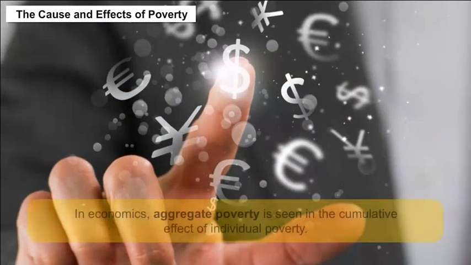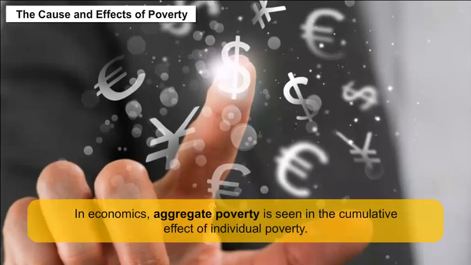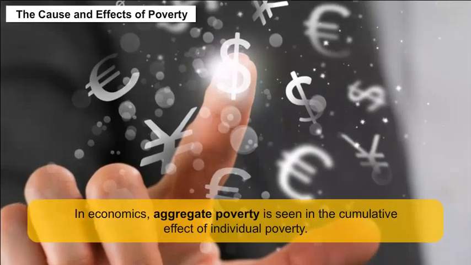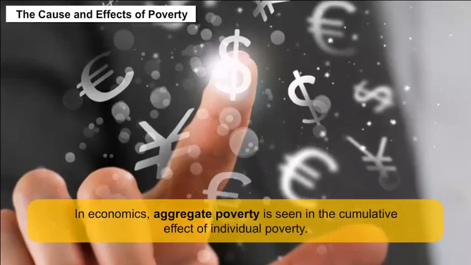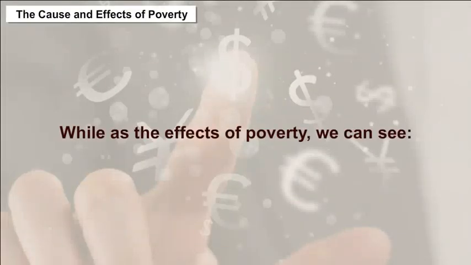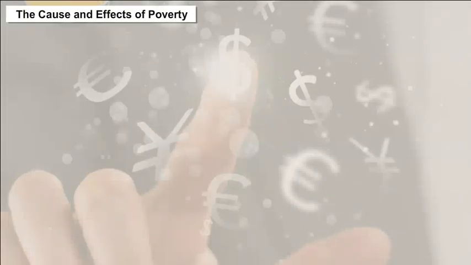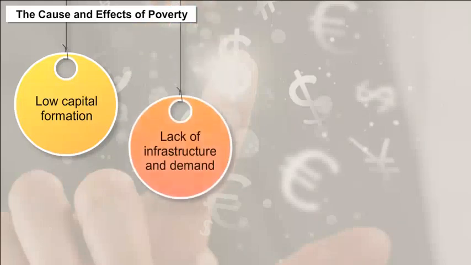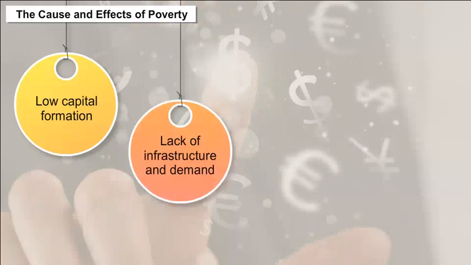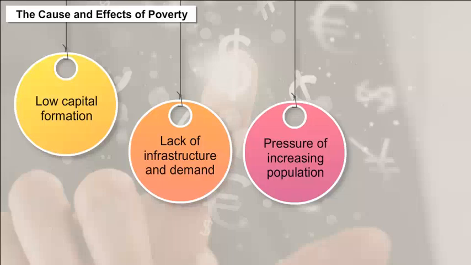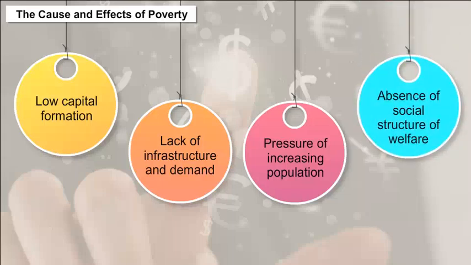In economics, aggregate poverty is seen as the cumulative effect of individual poverty. As the effects of poverty, we can see low capital formation, lack of infrastructure and demand, pressure of increasing population, and absence of social structure of welfare.